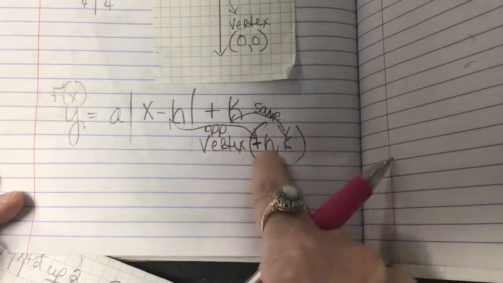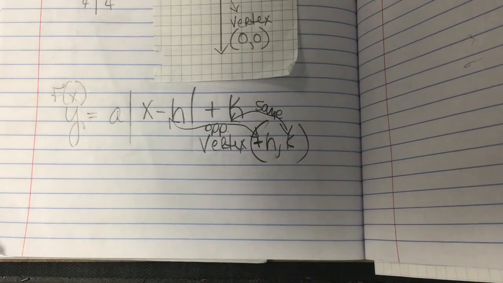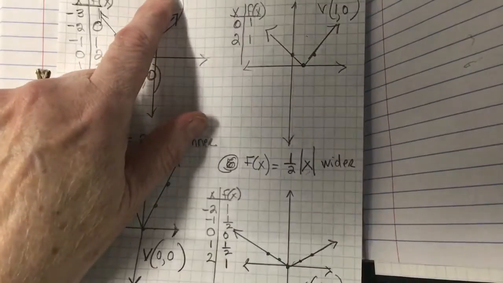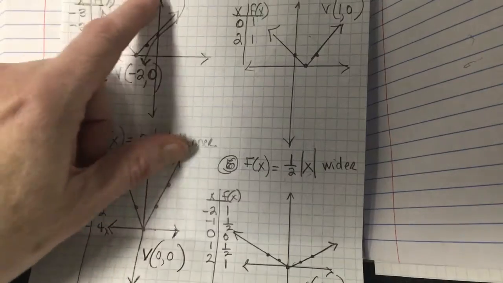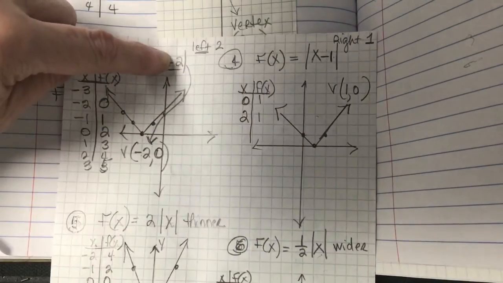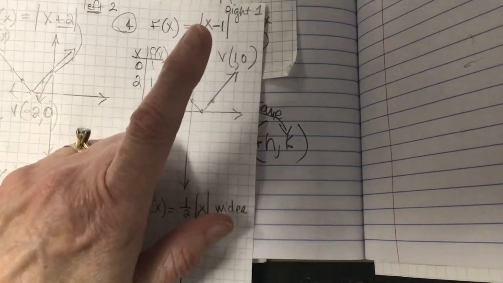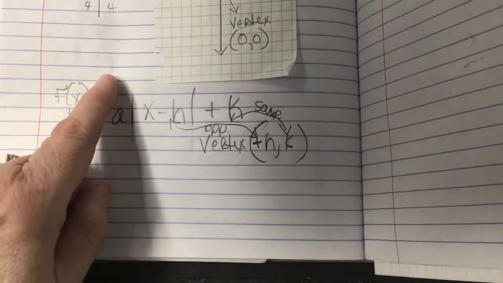If this is plus, this is going to be minus. Well, I think we did one of each right here. Positive 2 affects the x, and it made the x negative 2. It made its opposite. See, when this was positive 2, the x of the vertex was negative 2. When this was negative 1, the x of the vertex was positive 1. So that just simply means they will be opposites.